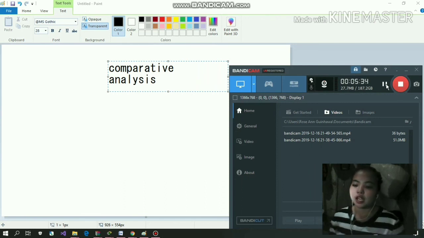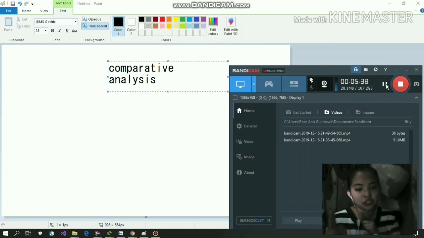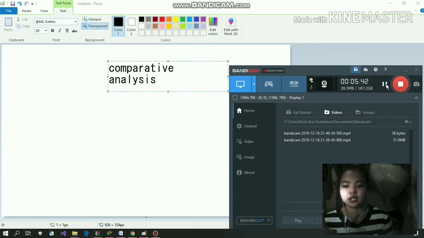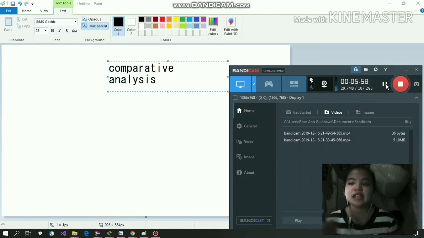So in ring topology, there are two types based on the data flow. The first one is the unidirectional, and the second one is the bidirectional. I will explain the first one, which is the unidirectional.